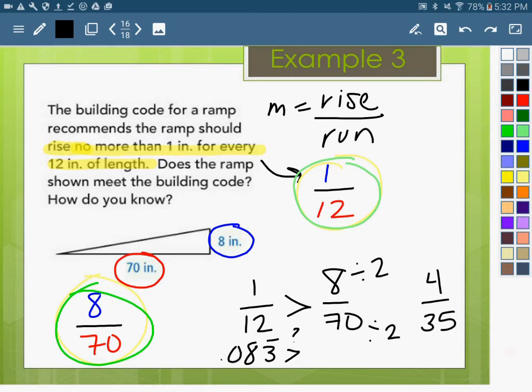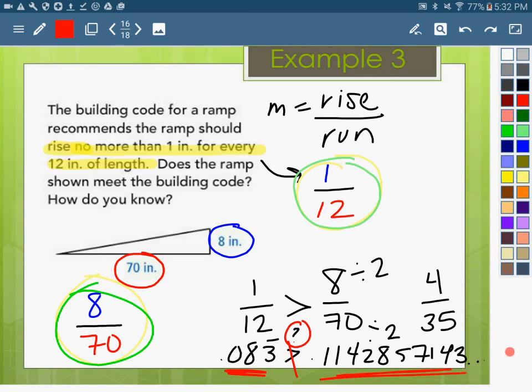I'm getting 0.1142857143, and it goes on. So now I'm really just asking, is this true? Is 0.083, with the 3 repeating, greater than 0.1142857143? Well, I'm going to say no, it's not greater. This number here is not greater than this number here.